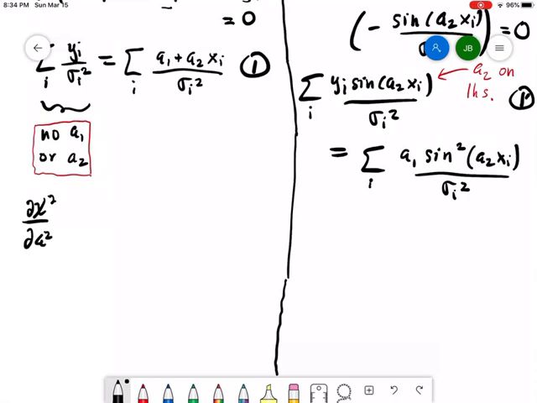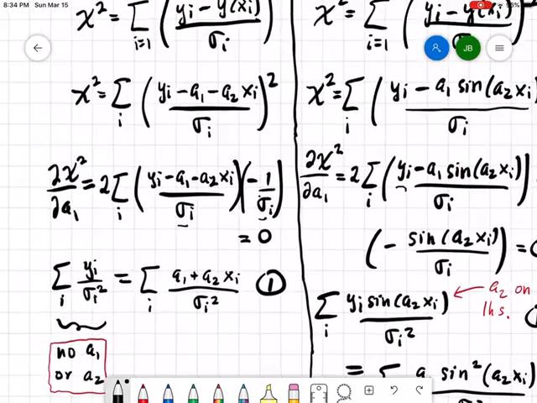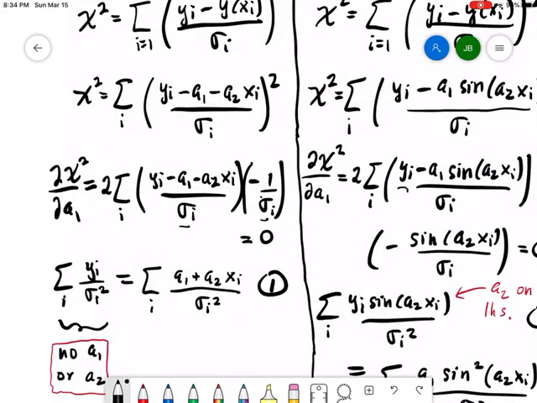So now we're going to take this derivative with respect to a2. And if we just take a peek at what chi-squared was, the only difference between the a1 and the a2 derivative is that the a2 multiplies an xi. Okay, otherwise it's the same.